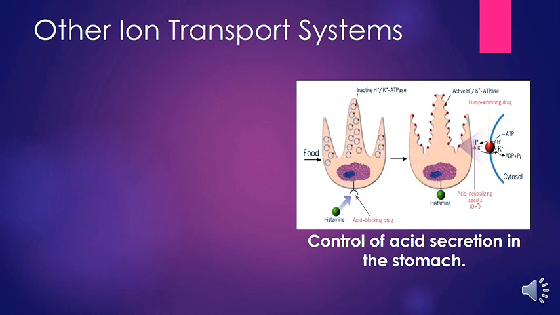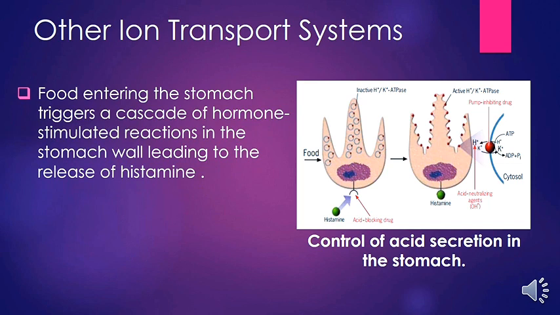In the resting state, the hydrogen-potassium ATPase molecules are present in the walls of cytoplasmic tubulovesicles. Food entering the stomach triggers a cascade of hormone-stimulated reactions in the stomach wall, leading to the release of histamine. It binds to a receptor on the surface of the acid-secreting parietal cells.